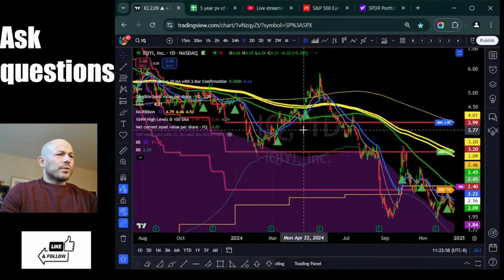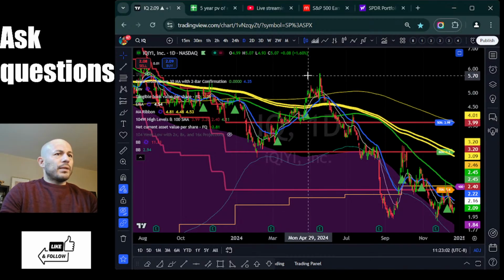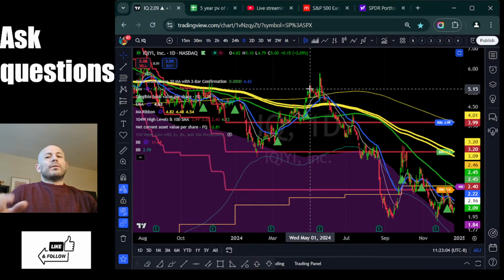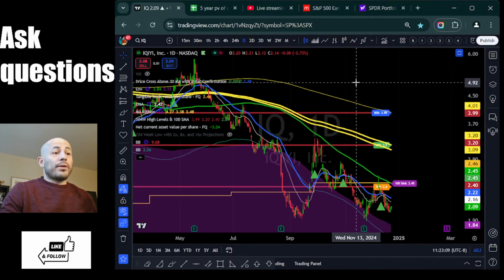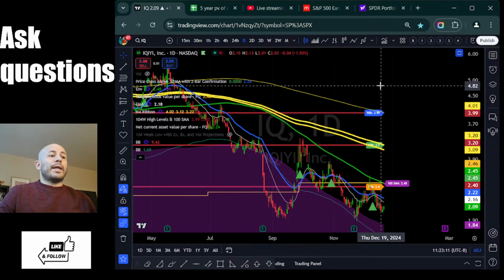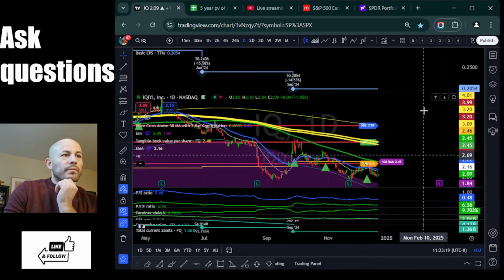I traded it also when it was higher in the 3s, and it shot up to 5 and change. Full disclosure, I am long IQ and Baidu. IQ in a big way, and I'm using calls and call options. Same thing with Baidu. I'll cover Baidu, but this is the one that I'm very excited about.